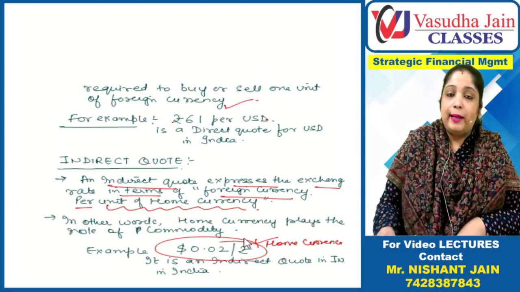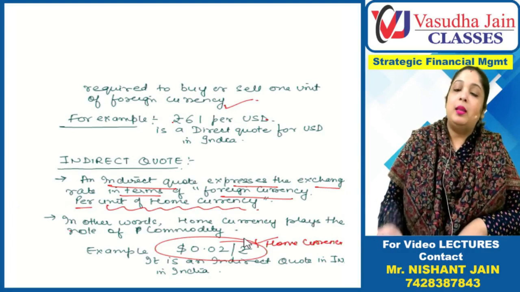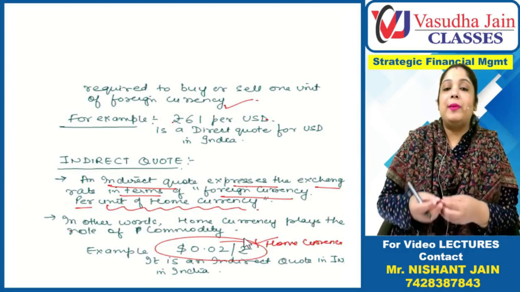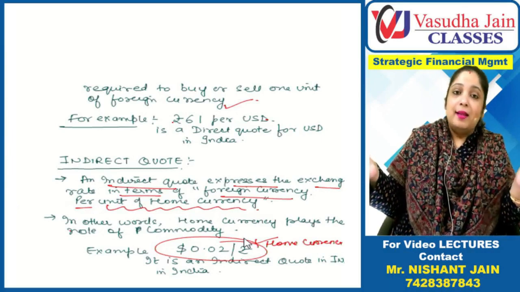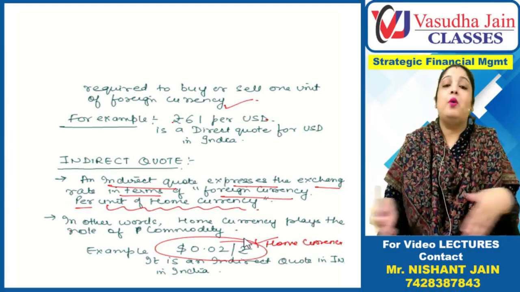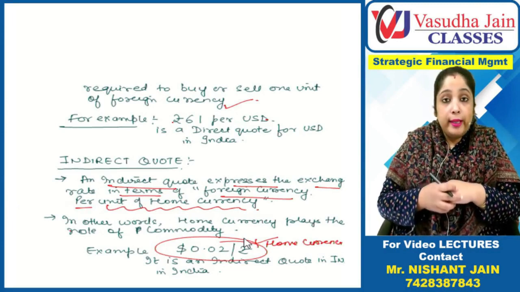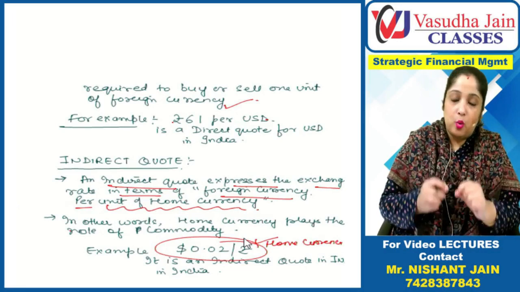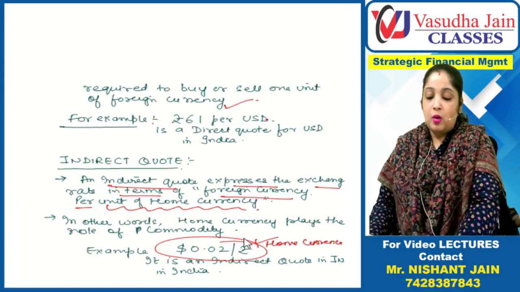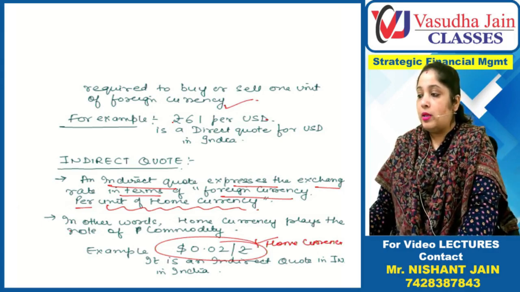Instead of teaching like this, I told you in a very simple manner that if your home currency plays the role of price, then it is a direct quote for you. If your home currency is not playing the price, it is playing the commodity, then it becomes an indirect quote. Okay. And we have done a question also. Now let's go further.